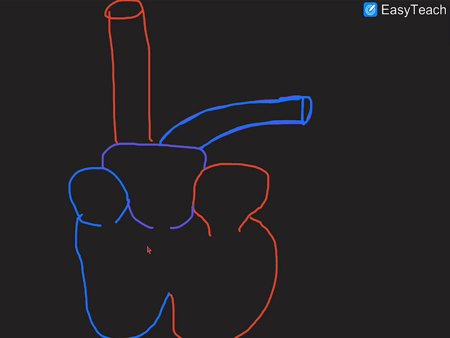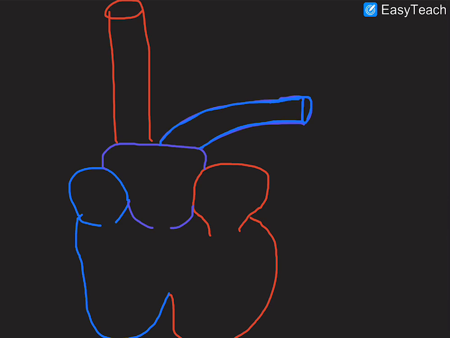So there's a huge opening between the right and left ventricle. That means the blood coming on the right side and the blood coming to the left side will mix, right? Remember, whatever blood comes to the right side of the heart is deoxygenated, and whatever blood is coming to the left side of the heart is oxygenated.